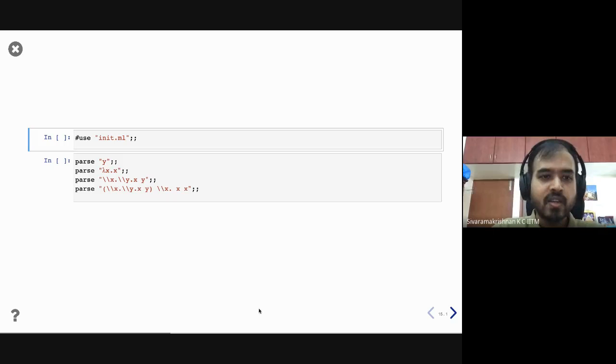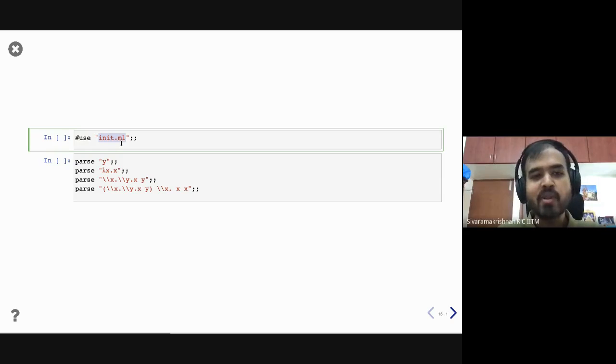Okay. So here's the actual way that you bring it in. This #use is a meta command. This is not OCaml. This is OCaml's command that talks with the Jupyter notebook, right? And it says there is some OCaml code in the init.ml file. In this course, we will never write OCaml code in a file.